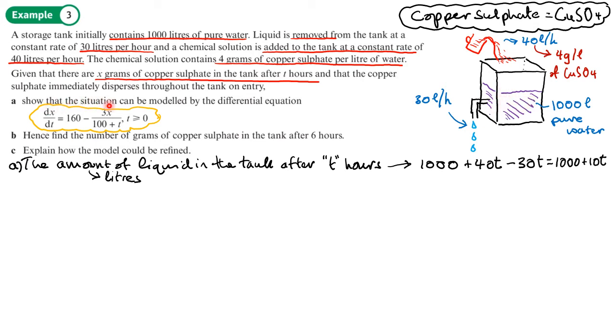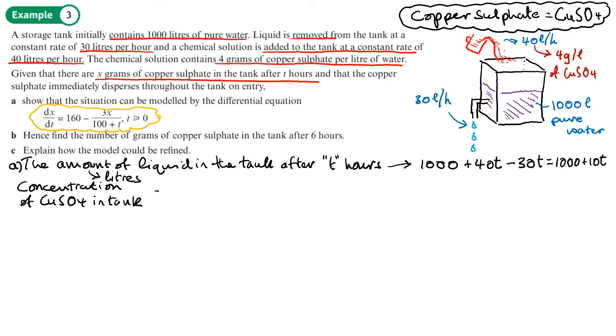And this is what this differential equation is. It's about the concentration, which is X. X is like the concentration of copper sulfate over time. So what we need to do is to work out, well, what is the concentration of copper sulfate in the tank?